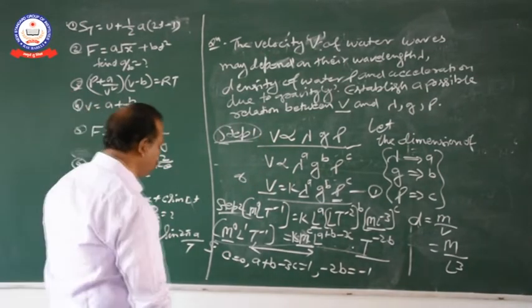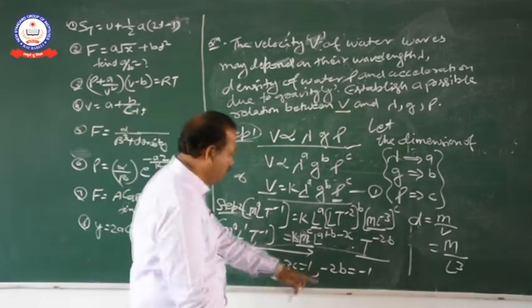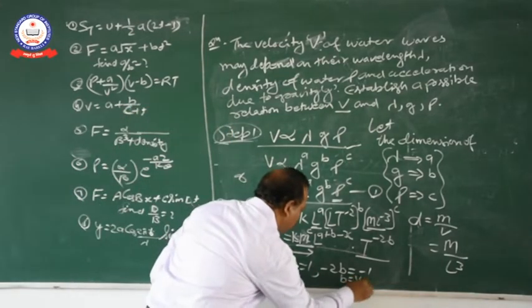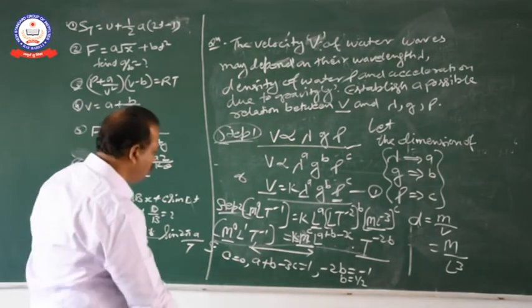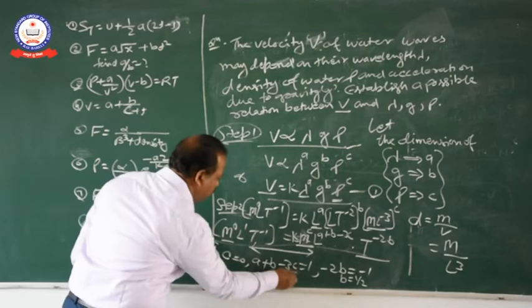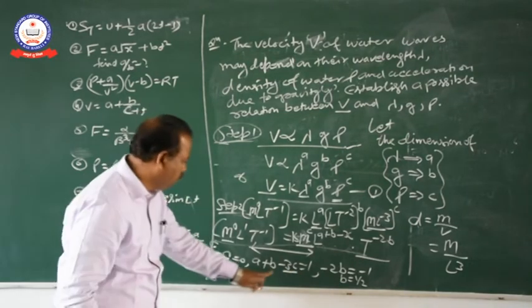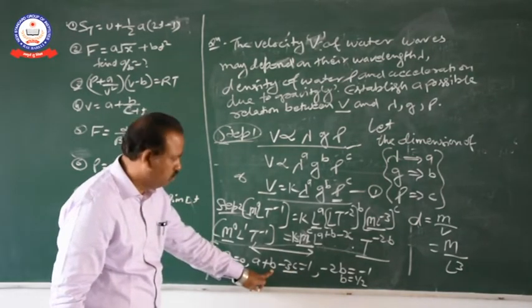Correct? So here B is equal to 1 by 2. Again we put the value C equal to 0, B is equal to 1 by 2.